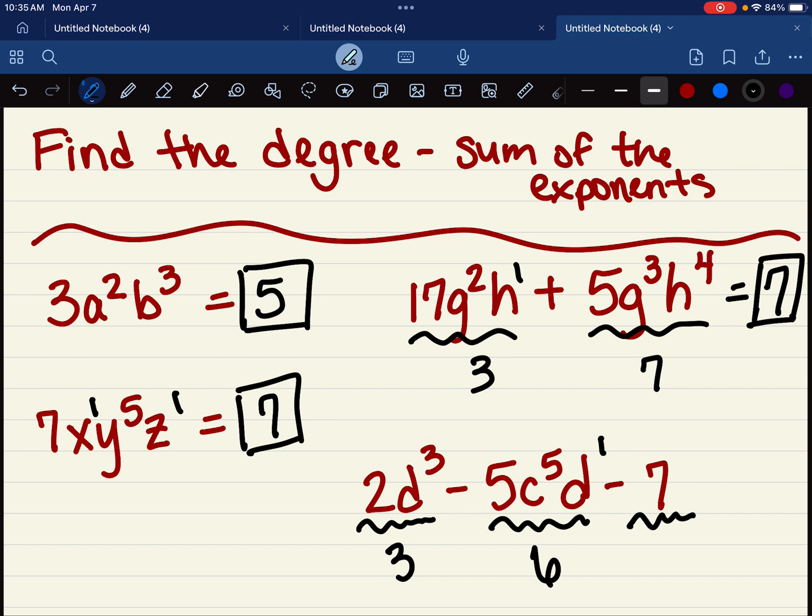Last one can be a little tricky. Not 1. 0, right? If I don't have any variables, it's just going to be 0. Okay, so the degree of this whole polynomial would be what? 6, right? Whichever one has the largest degree. Okay, we okay with that? Not too bad. All right, next part. Anybody still writing that down?